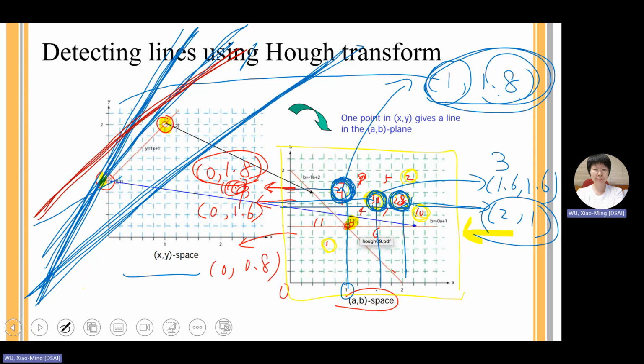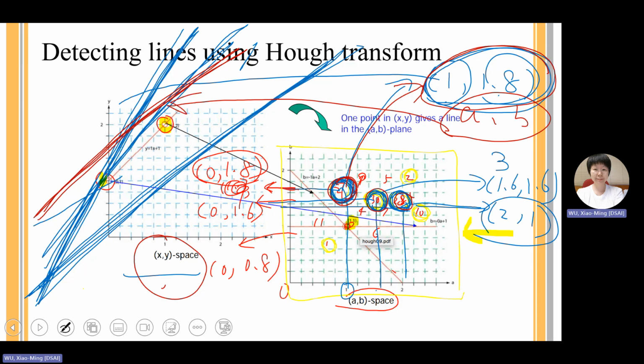So by identifying the cell with the most counts, we can immediately know this cell represents the most significant line in the XY space. For each cell, we can identify the associated AB value. The AB value corresponds to the parameters of the line in the original XY image space.